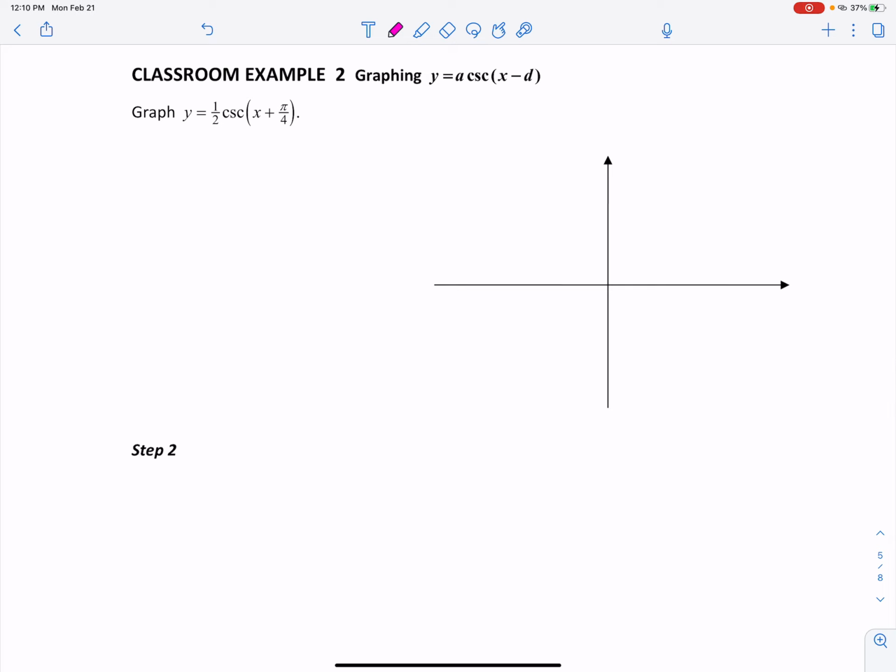Right, now notice this one has a lot going on. So I'm graphing its reciprocal function, so I'm going to graph that first. Call it G. What is the reciprocal of cosecant? Sine. So I'm going to do the exact same function, but with sine.